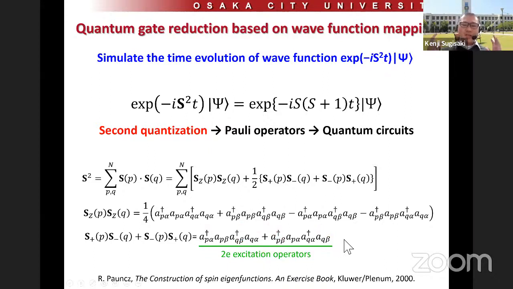So if we perform this kind of operation using Jordan-Wigner or Bravyi-Kitaev or something, we need a very deep quantum circuit to realize the time evolution operator corresponding to this kind of operators.